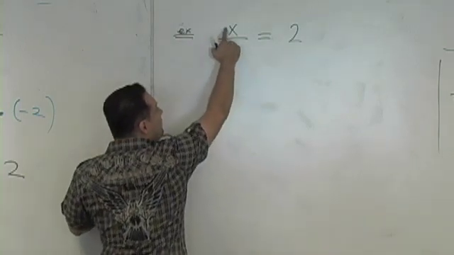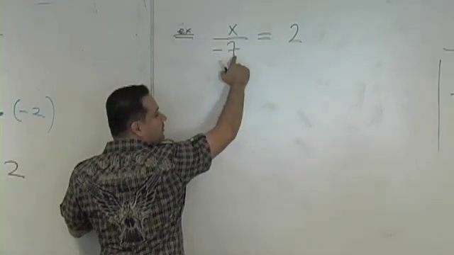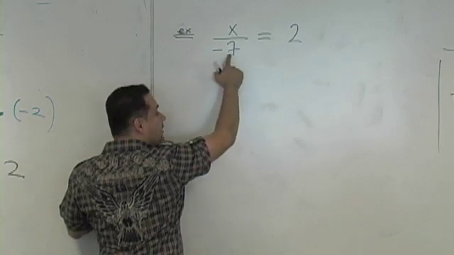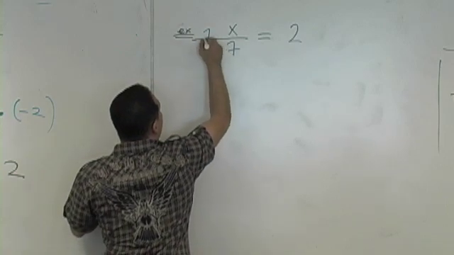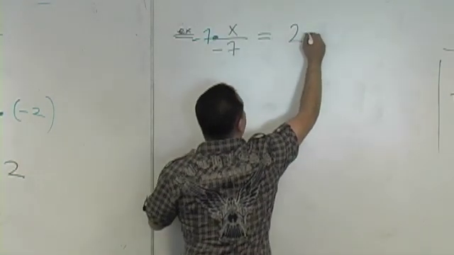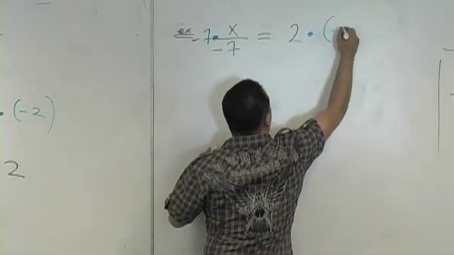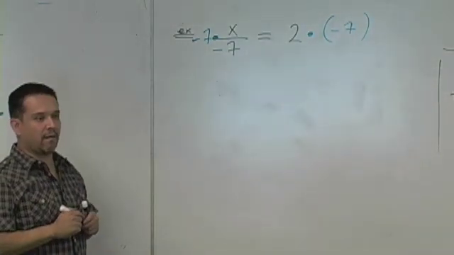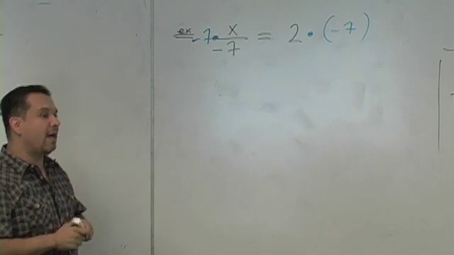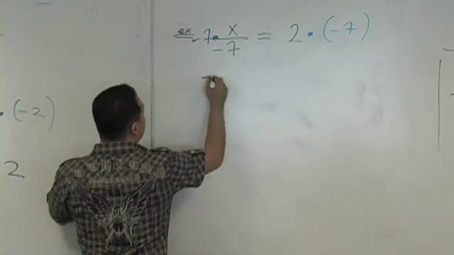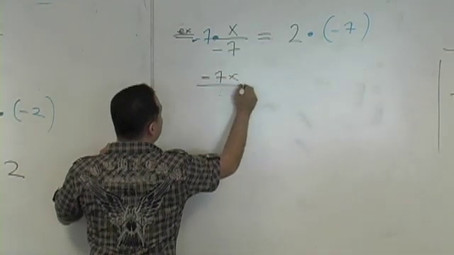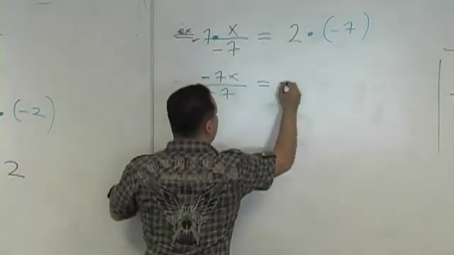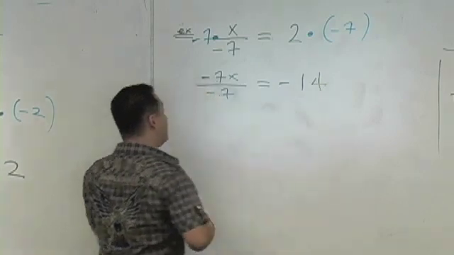You multiply by the number that is doing the dividing. What number is doing this division? It's a negative 7. So you're going to multiply both sides by negative 7. I'll put parentheses just to emphasize that this number is negative. Okay, you guys okay with that? Then this is going to give you negative 7x over negative 7, and that's going to be, what's 2 times negative 7? Negative 14.